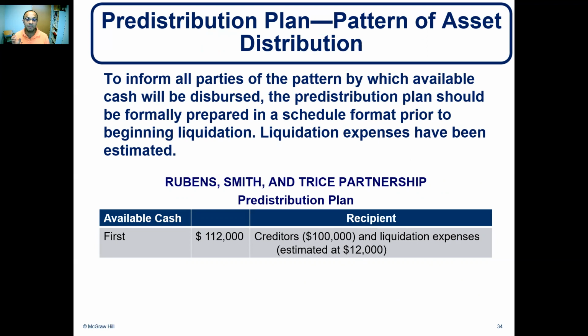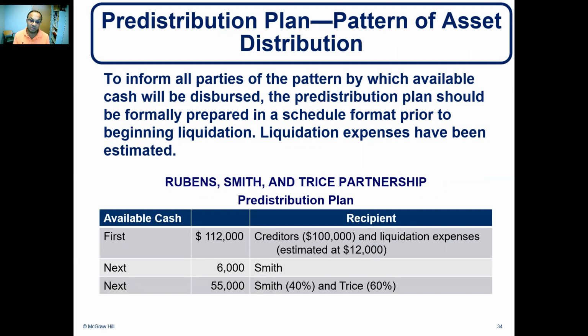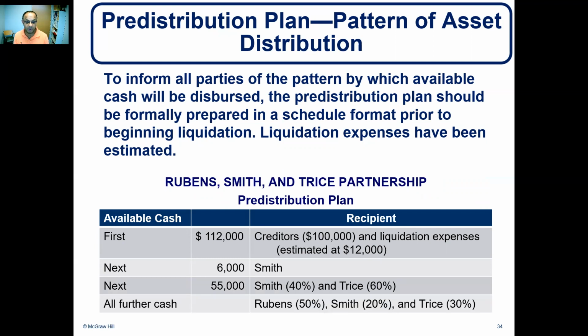So the first amount that we get from selling the non-cash assets will go to those two categories, which means 112 will be paid for both of them. What will happen if the company gets more money on selling the non-cash assets? It will go to Smith, 6,000. If they get more money, they will distribute it between Smith and Price. If they get more money, they split it between Robbins, Smith, and Price.